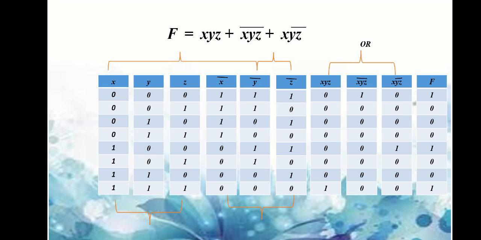In fifth, one input is 1, then it will give you 1. In the sixth again it will give you 0, because all the inputs are 0. And in the seventh row, again all the inputs are 0, it will give you 0. And in the last, one input is 1, so it will give you 1. This is actually the truth table of three inputs.